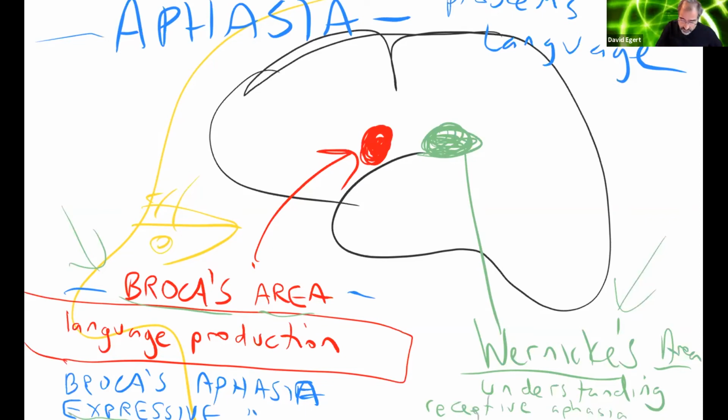Receptive aphasia means you're having trouble letting the words come in, understanding what they mean. This can also be called fluent aphasia, fluent because the person has the ability to produce words, but the words don't mean anything, or aren't the words that they wanted to come out.